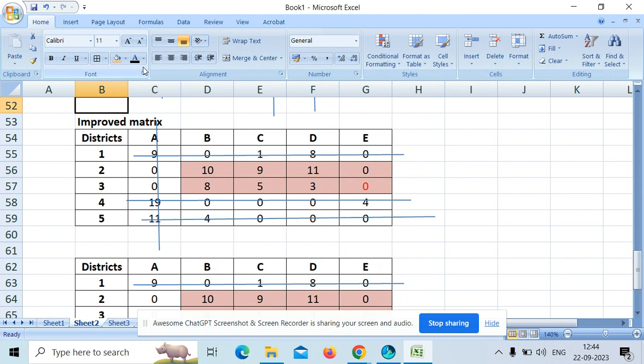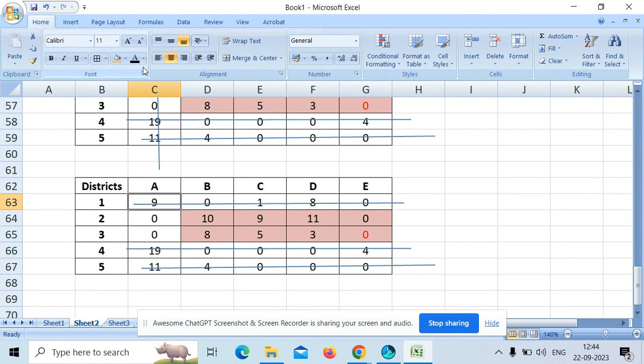So, minus three, minus three, minus three. Okay. Districts one, two, three, four, five.